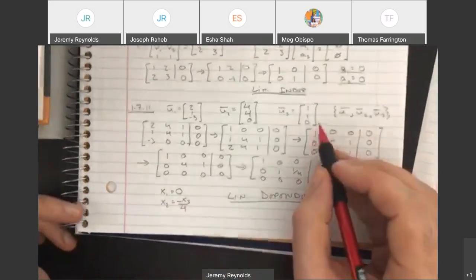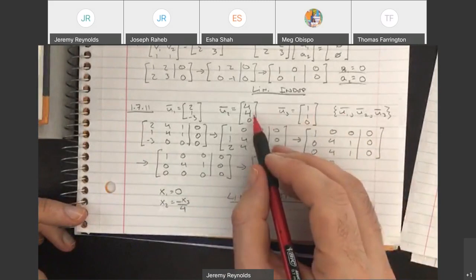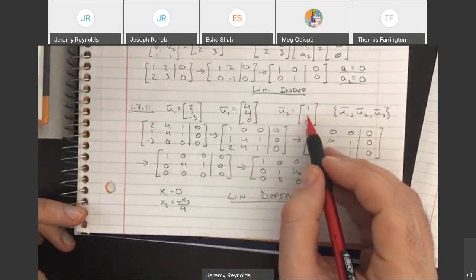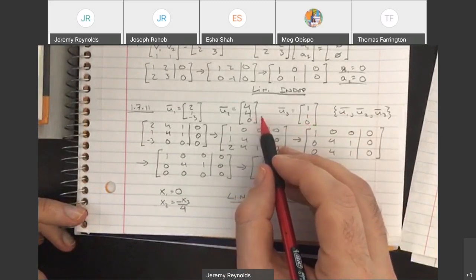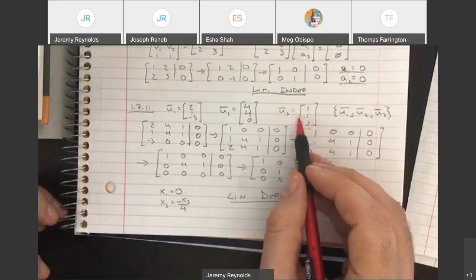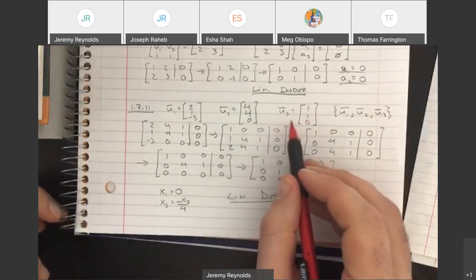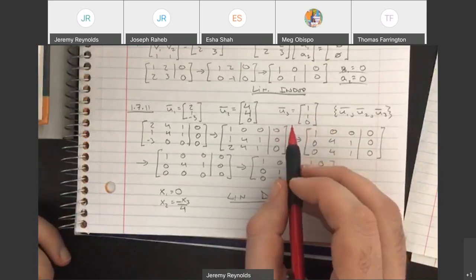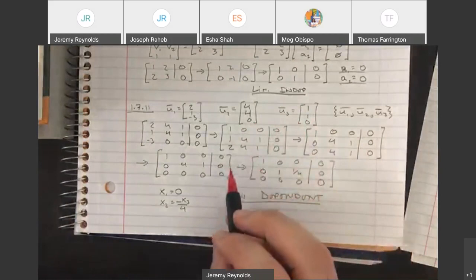This means that we multiply u3 times -4, and we get -4, -4, 0. And if we add that to u2, it equals 0. So you clearly see that u3 is dependent on u2, or u2 is dependent on u3. Either way, you can multiply a constant times either one of these vectors and you get the other one. So that's what we mean by linearly dependent.